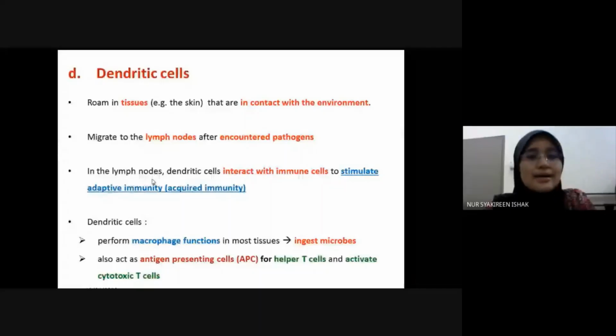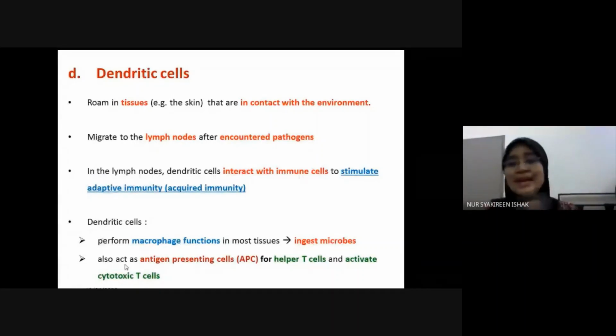Yang tadi saya cakap, kalau dendritic cells, they engulf pathogen, dia akan defense ataupun panggil dia juga adaptive immunity ataupun acquired immunity. Alright, so dendritic cells perform macrophage function in most tissue, which is to ingest the microbes, which is to engulf. And then once the dendritic cells engulf the pathogen, it becomes APC, antigen presenting cells.